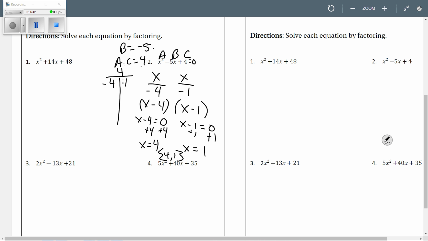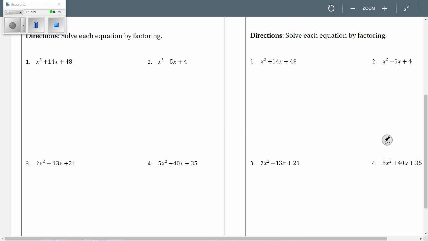Then we move it over, and we put it over a of x, which a of x is 1x, so just x and x over negative 4, x over negative 1, already simplified. So then x minus 4, x minus 1 are our two binomials. Then we set both of them equal to 0 and just solve, and we get x equals 4 and x equals 1. All right.